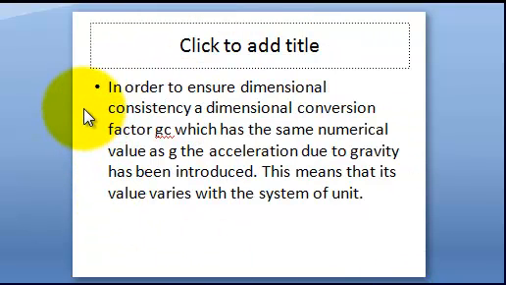In engineering calculations, in order to ensure dimensional consistency, a dimensional factor GC, which has the same numerical value as g, the acceleration due to gravity, has been introduced. This means that its value varies with the system of units.